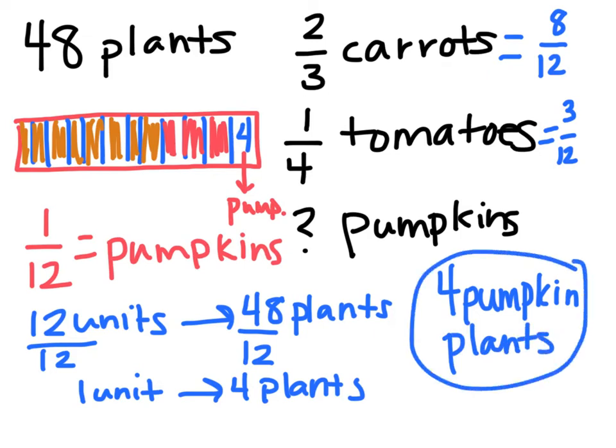Now let's go on to method 2 and see how that one works out for us. In method 2, we'll begin by setting up our problems in fraction form. So we have 2/3 carrots and 1/4 tomatoes. So we need to change these into equivalent fractions.